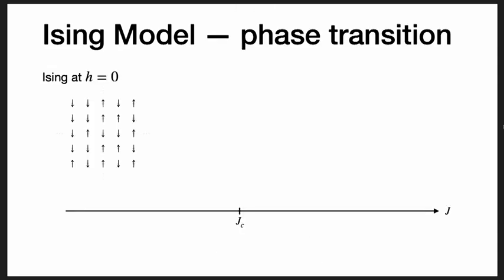So why is this important? It's one of the simplest models that exhibits something called a phase transition. Let me give you the intuition of why this happens. Let me plot the expectation as we increase J, the strength of the coupling between the spin sites. Let's imagine that J is very tiny and positive.